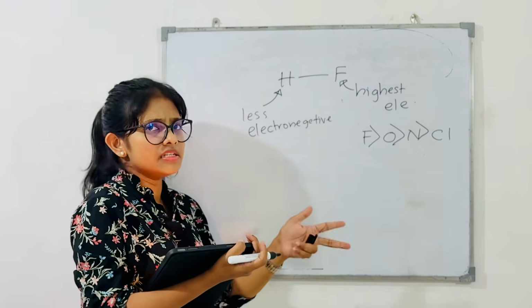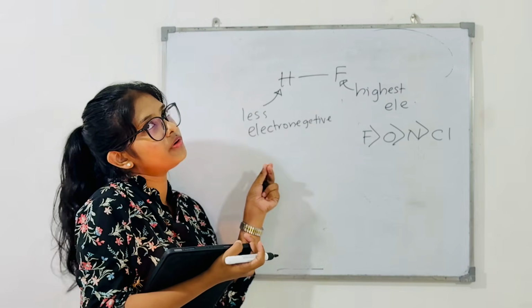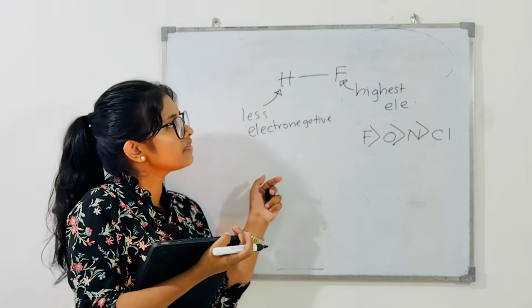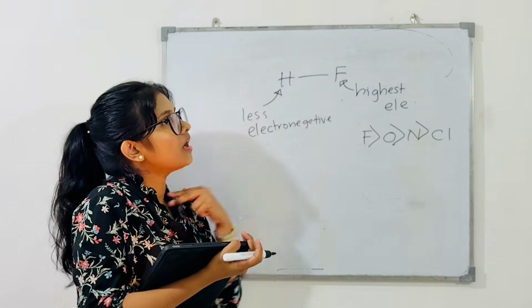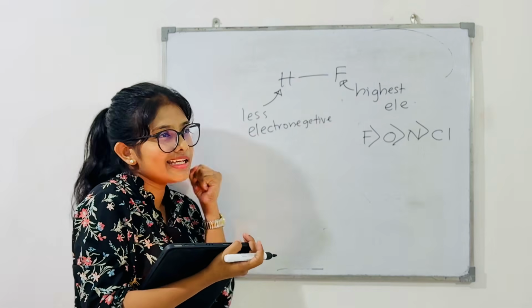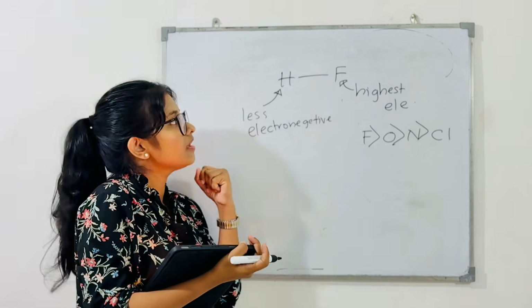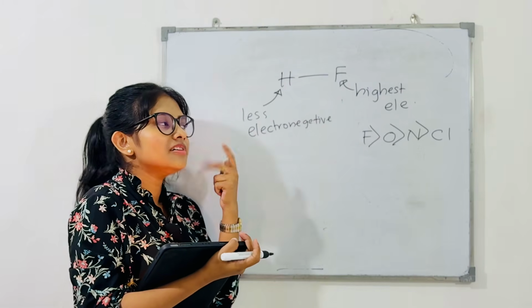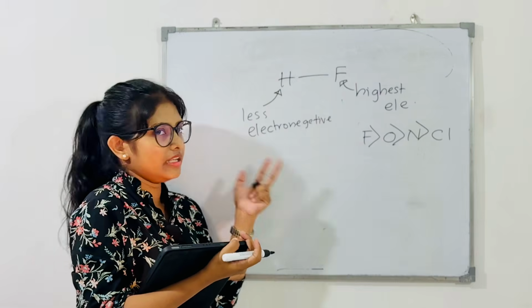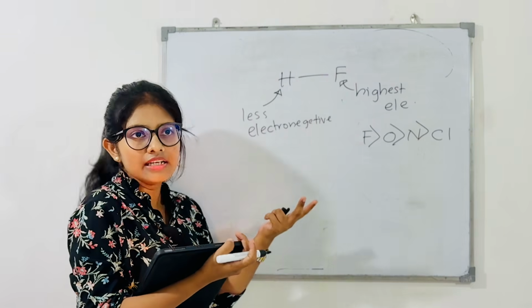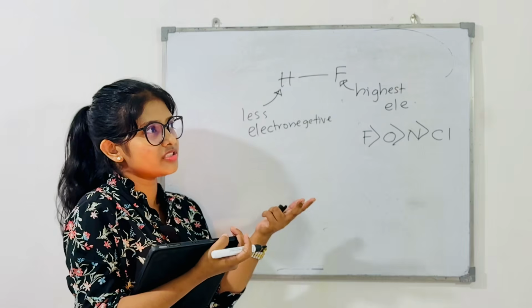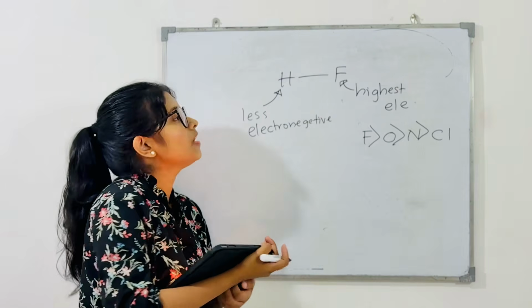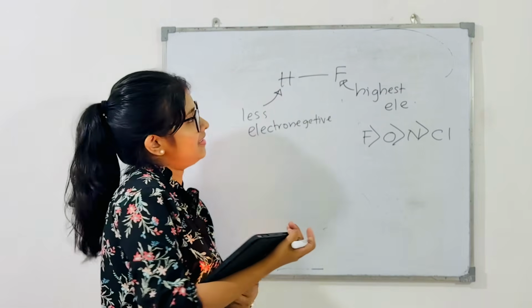So what is electronegativity? I will tell it to you in an easy way. Electronegativity is how eager an element is toward electrons, right? It's about the eagerness of these elements towards the electrons, in simple terms.